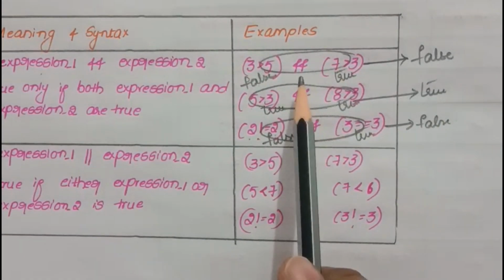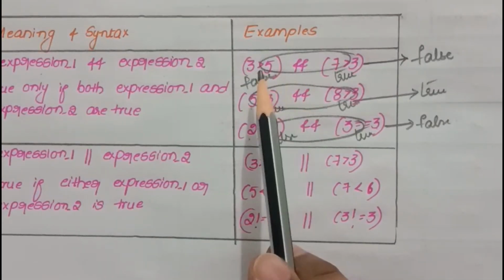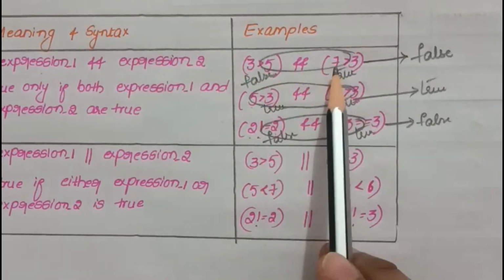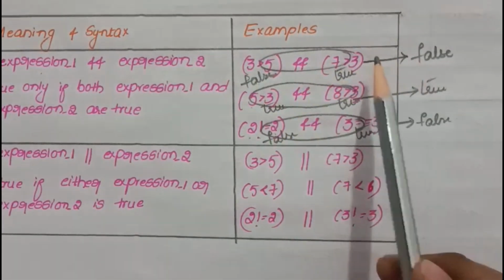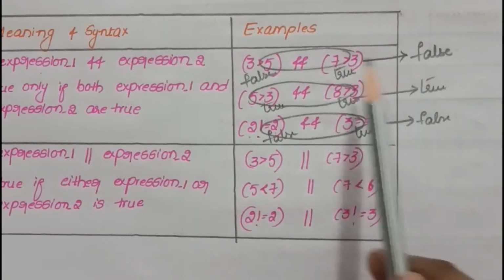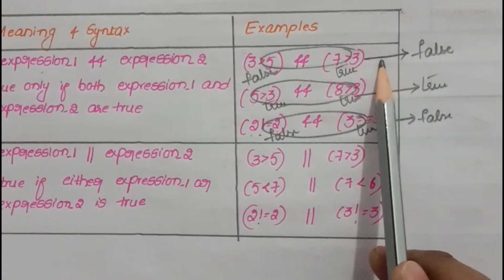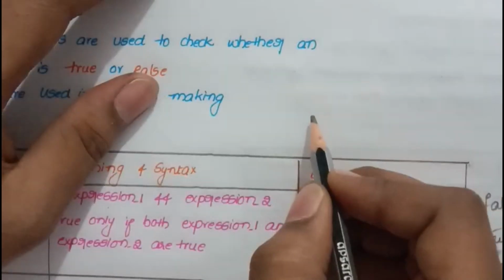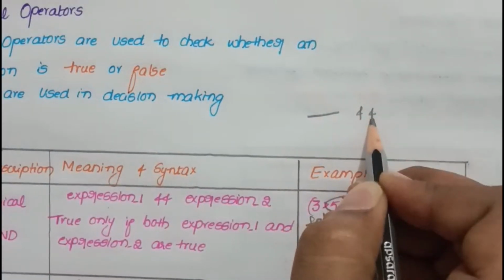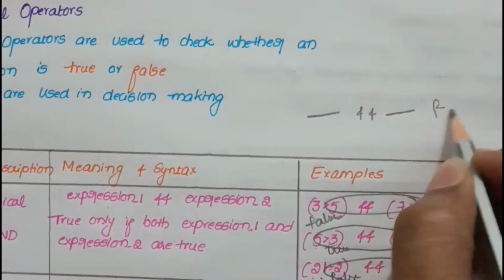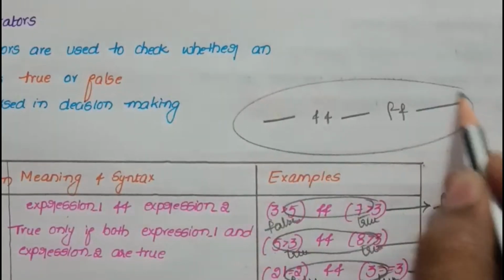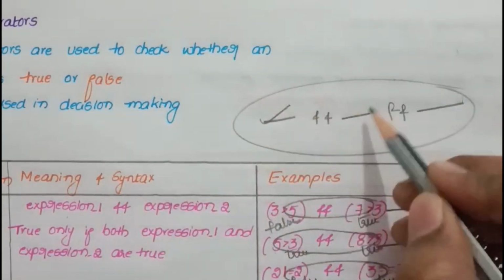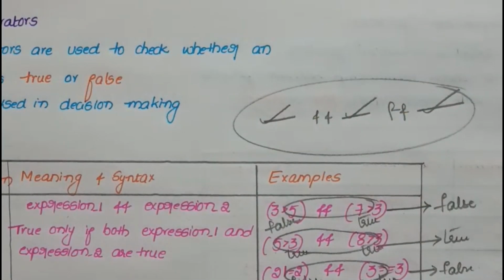Now this logical and is not only used between two comparisons or two expressions, it can be used between multiple expressions. Let's say there is one more expression, between these two expressions also we can use logical and. When we have three expressions, expression 1 and expression 2 and expression 3, the entire expression is true only if each and every expression evaluates to true.